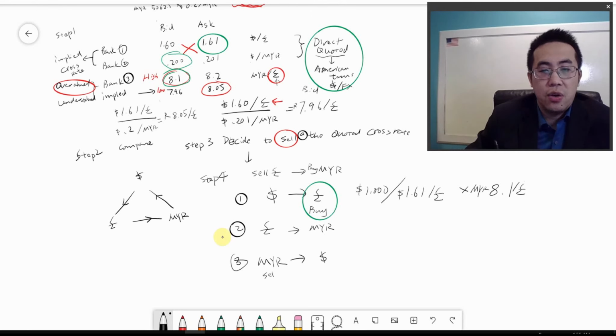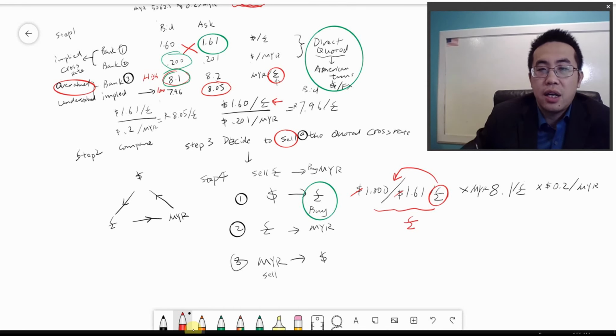So essentially you sell ringgit, then you multiply by its dollar price, its bid price per ringgit. From this line, you will see that a lot of signs get canceled. The dollar sign cancels here, and then the pound sign flips to the top because that's going to give you the amount of pounds.